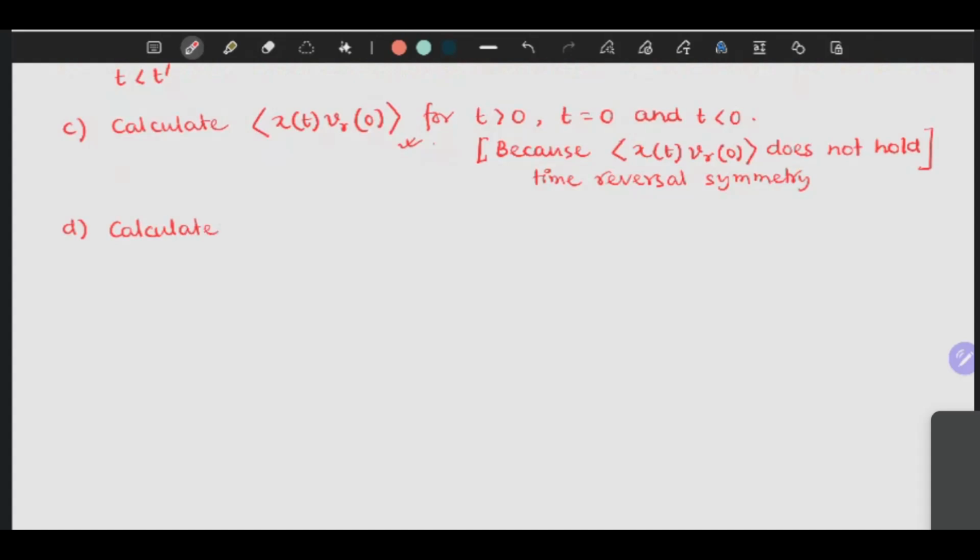Calculate x(0) using the lectures given.